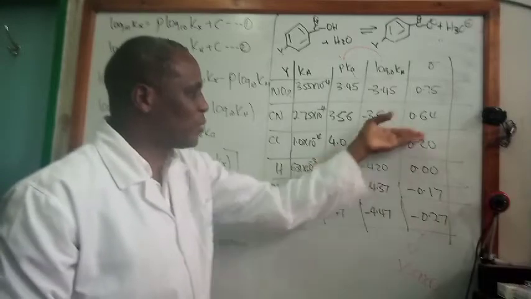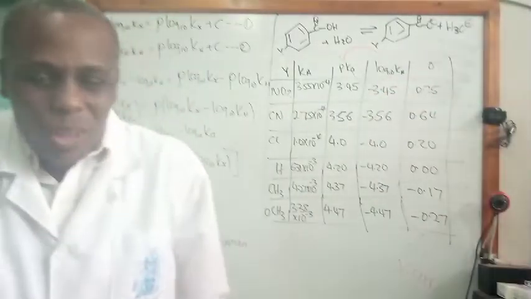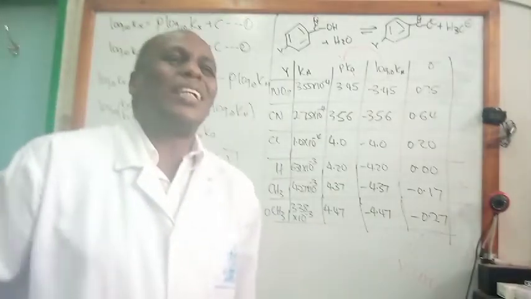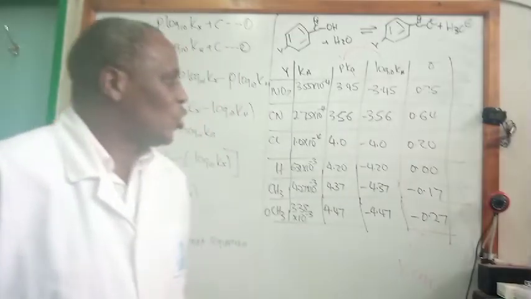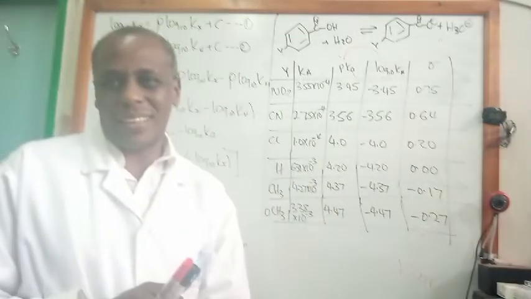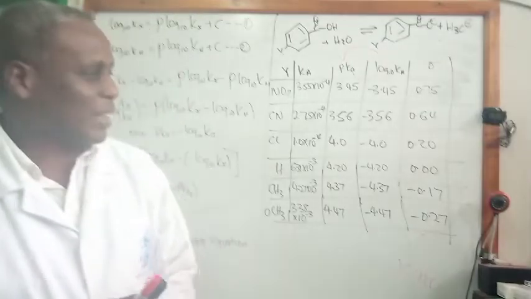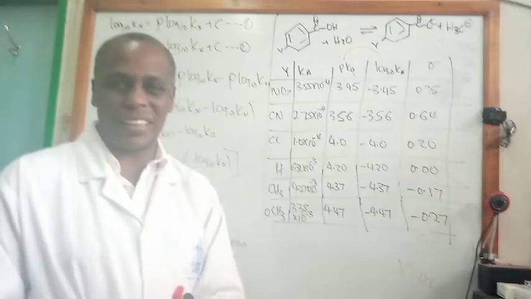So some are going to be positive. It's telling you the group is withdrawing electrons from the reaction center. It's like an electron withdrawing group. That's what it's telling you. This is the x-axis which we have generated.